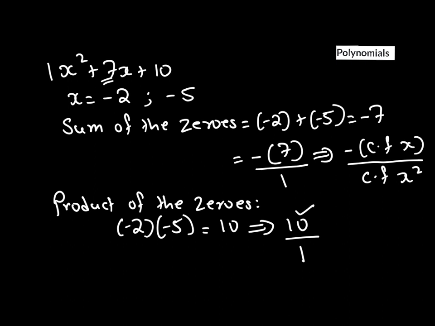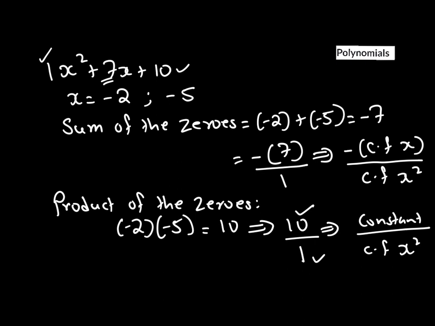And 10 happens to be the constant term, and 1 is nothing but the coefficient of x squared. So we have verified that the product of the zeros of a quadratic polynomial is the constant term divided by the coefficient of x squared. So there is a relationship between the zeros and the coefficients of a quadratic polynomial.